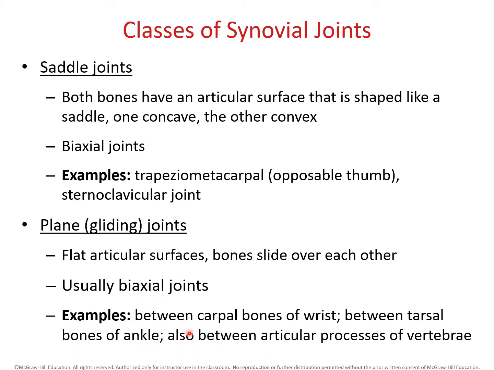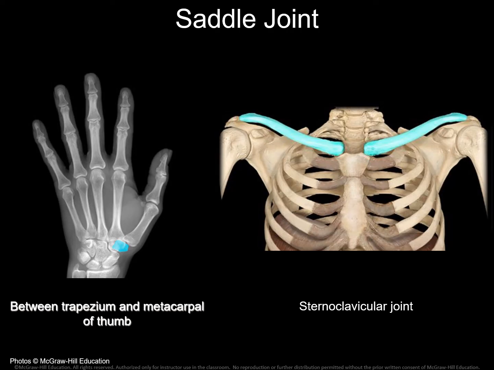Examples of plane joints: in between the individual carpal bones making up the wrist, similarly between the tarsal bones in the foot, and also between certain areas of the vertebrae, the articular processes, which you didn't need to know. Unless we're talking about the transverse processes, but I probably won't ask you that detail.